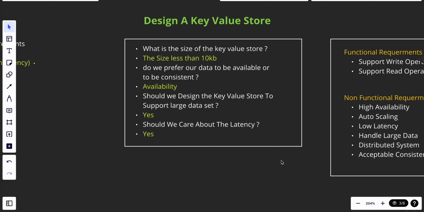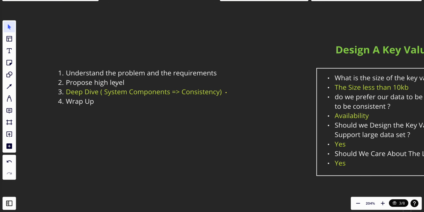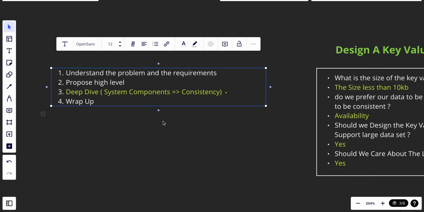What we are doing right now is putting together the framework and some knowledge of how we actually approach the system design interview, so you will get an idea how you should act in it. After getting the requirements, we propose a high level design and talk about the CAP theorem.